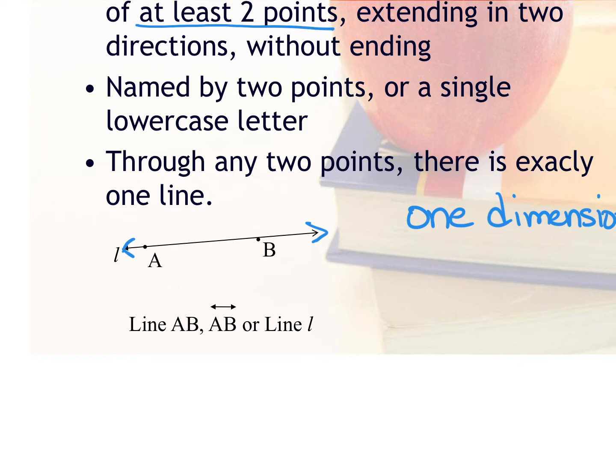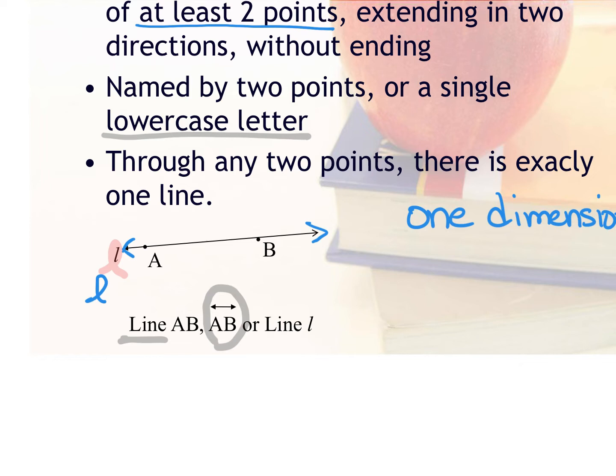You either need to put the word line in front of the 2 points on that line, or you can draw a picture of a line on top, or again, you can name it with a lowercase letter. I know this letter over here on the side looks like a 1, but it's actually an italicized letter L. So this is line, lowercase letter L.